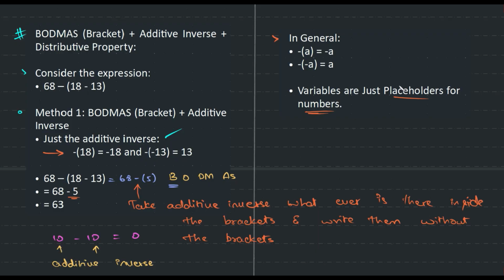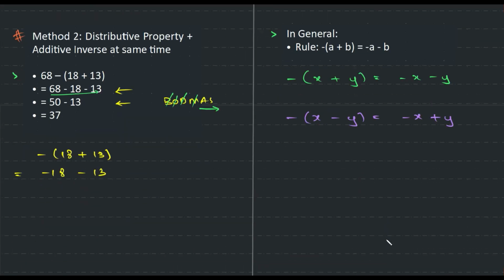Now, the distributive property. I am not talking about the distributive property when there is a positive sign outside the brackets. I'm directly talking about a negative sign outside the brackets. In this case, we need to take the additive inverse and then simplify. Another way of doing this is using the distributive property first and then additive inverse later.